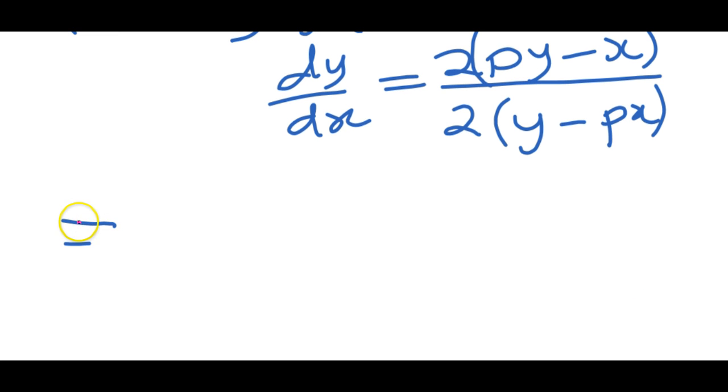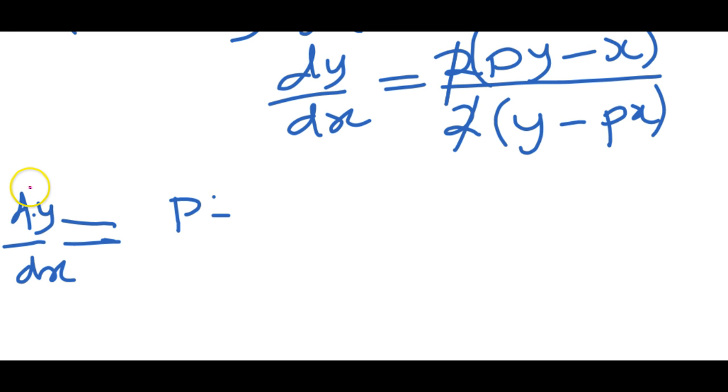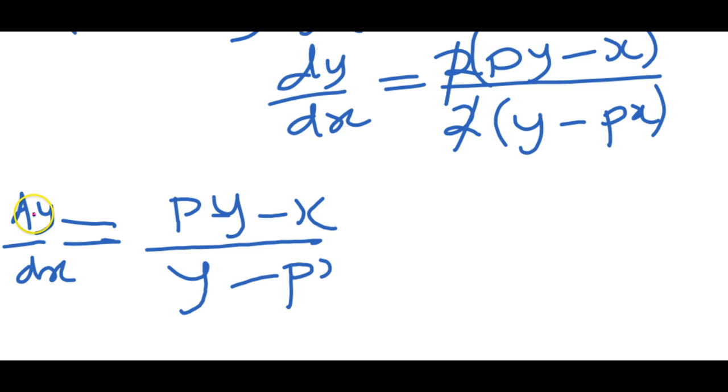So if I want to write my final answer in a more simplified way, I will say dy/dx, these two die with this, leaving me with (py minus x) on (y minus px). I mean, this would be your final answer.